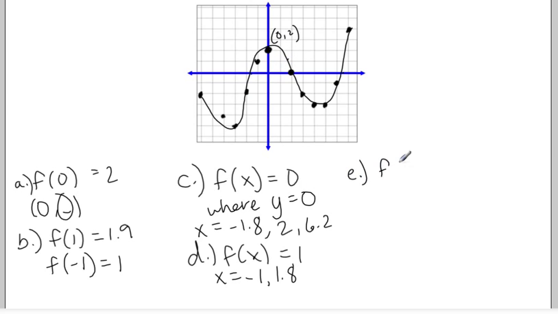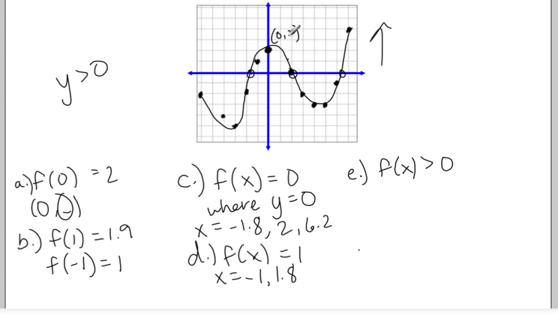Alright, then if we said f of x is greater than 0, this is what we're doing at the end of class. If we're looking at where it's positive, that means we're saying where is y greater than 0. So we're looking at y equals 0 and we're looking above that axis. So we see that it crosses the axis here and here, it's above it, and then it's here, and then it keeps going.